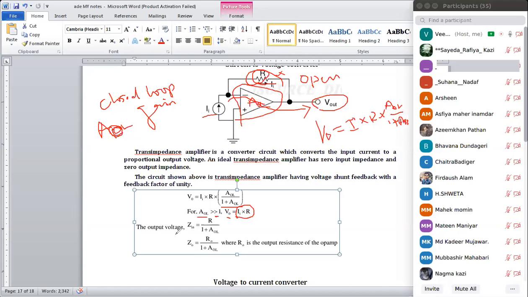So this is how we get the output voltage; the current is converted into an output voltage. Now, for Zin, as we have stated, Zin is going to be R divided by 1 plus AOL, and Z naught is R naught divided by 1 plus AOL, whereas R naught, the output resistance of the op amp, is 0. So we don't get anything here. Zin is also 0, input impedance, and also 0 output impedance.